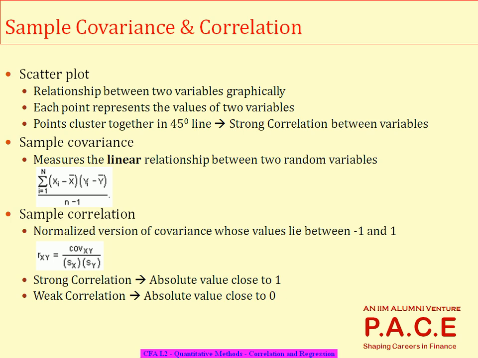And we have also found out using a formula how to find correlation. We have used it in our earlier cases, where we said the covariance for a sample is the sum of x minus x bar into y minus y bar, divided by n minus 1.